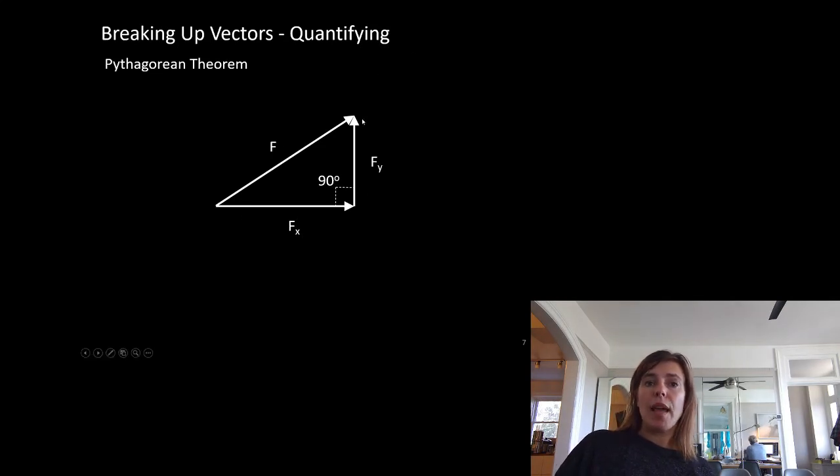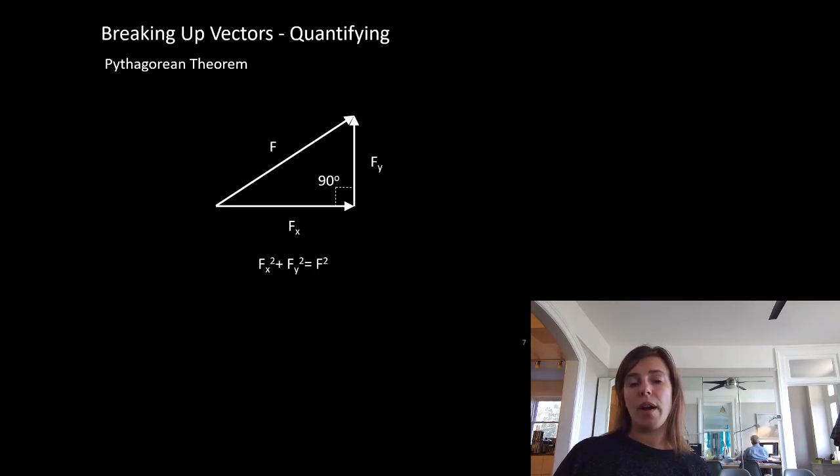We have a triangle with a right angle, and we know Pythagorean's theorem says the square of the hypotenuse is equivalent to the sum of the squares of the two other sides, or Fx squared plus Fy squared equals F squared. So if you wanted F, you would then say F equals the square root of Fx squared plus Fy squared.